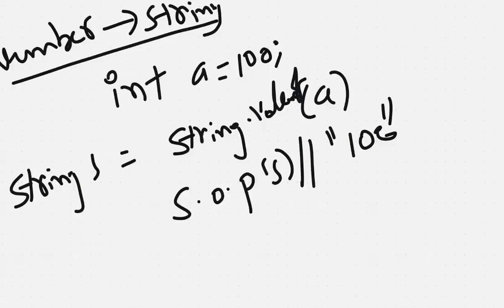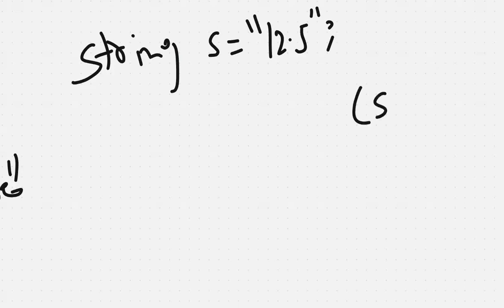Next, can you convert double to string or string to double? Now I can try it. So here I can define one string again, s equal to, and I put 12.5. When we put it in double quotes, it's a string, right? So now I want to convert this string. What is the conversion type?